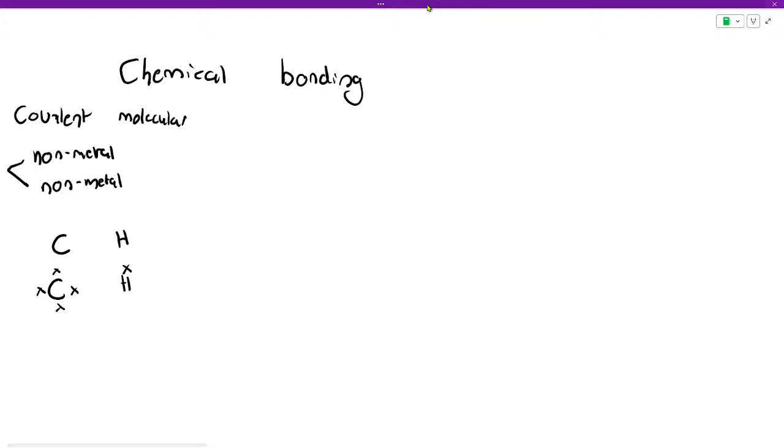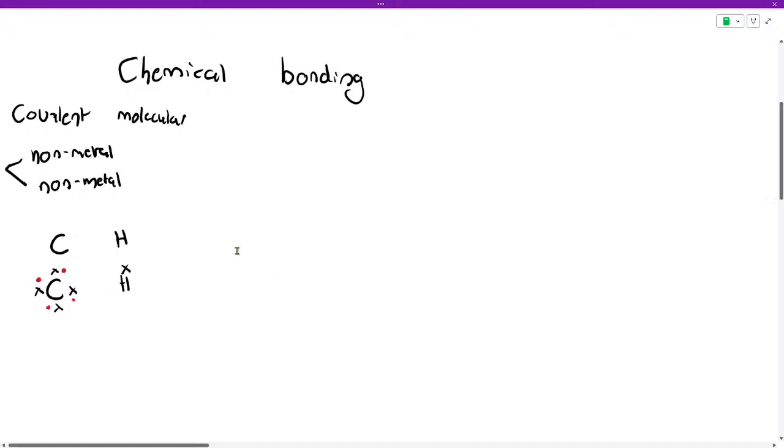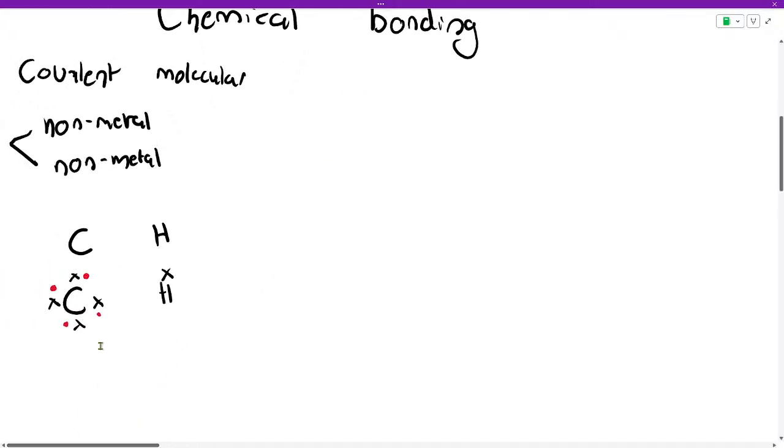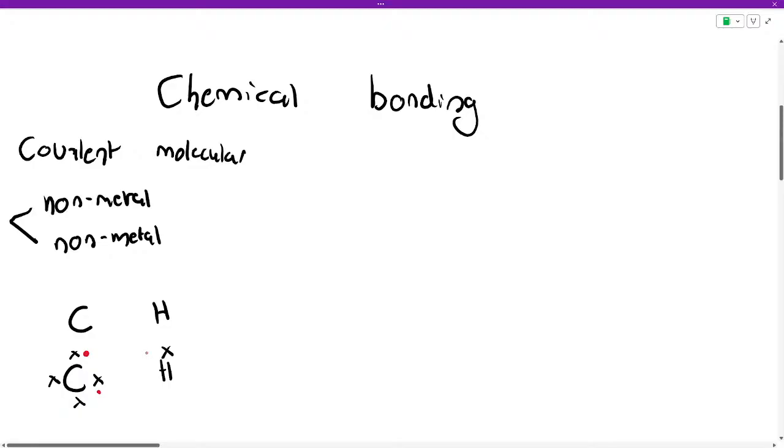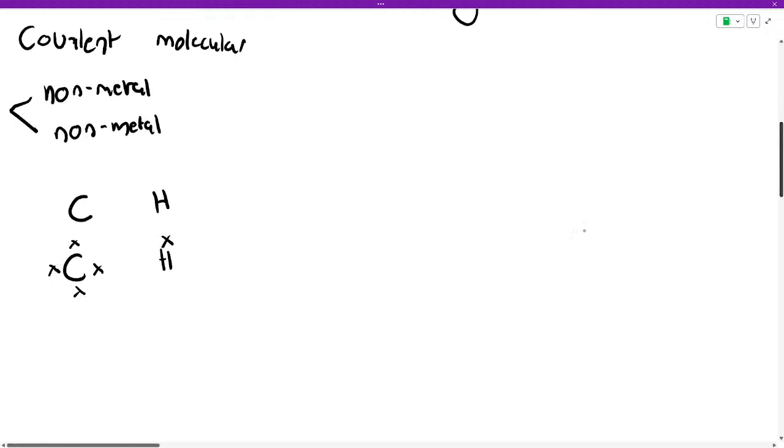The thing with this is you always want to fill up, so when you're working with non-metals, it must have eight valence electrons when it's done. So in red, those are your electrons that you get from hydrogen. But the problem is that it doesn't give it up simply, because hydrogen also wants carbon's electrons.